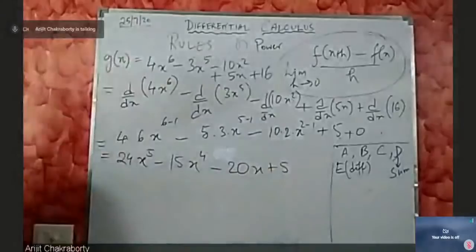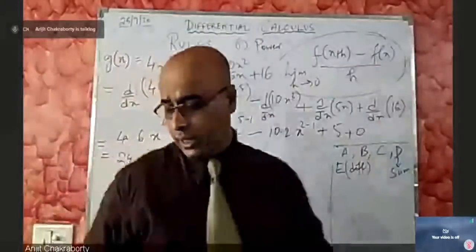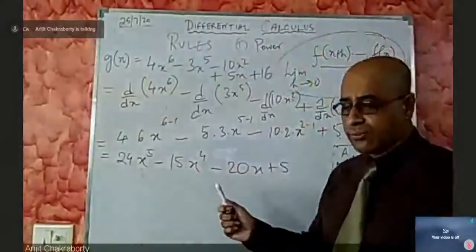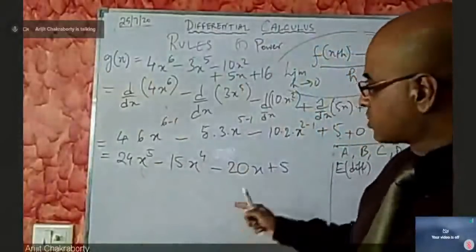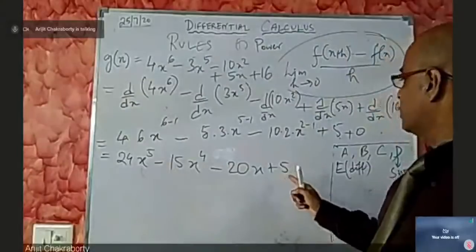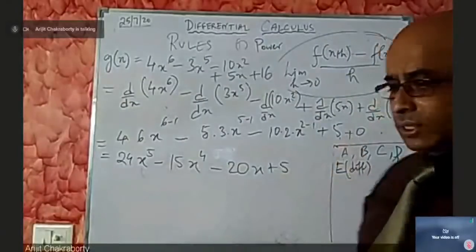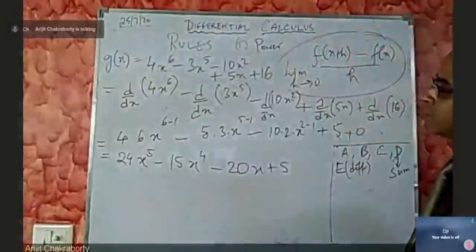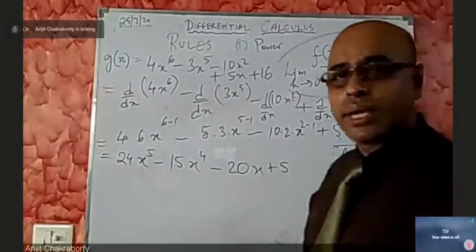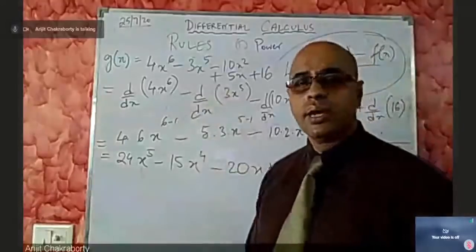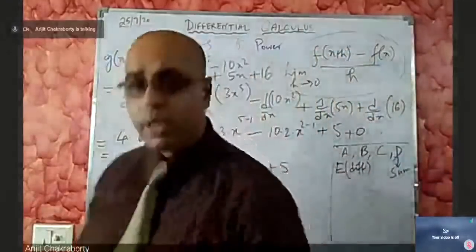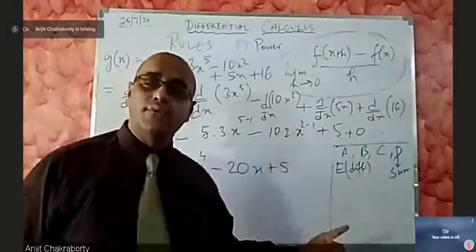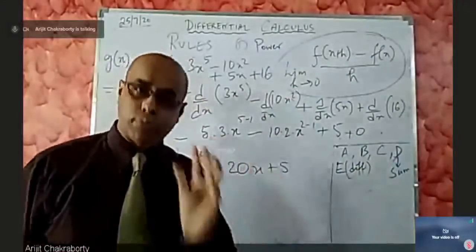So the final answer is 24x to the power 5 minus 15x to the power 4 minus 20x plus 5. Okay. So this one is a bit complex. That's why I broke it down into parts, and this is an application of both the addition formula, formula number D, and formula number E, which is on subtraction.